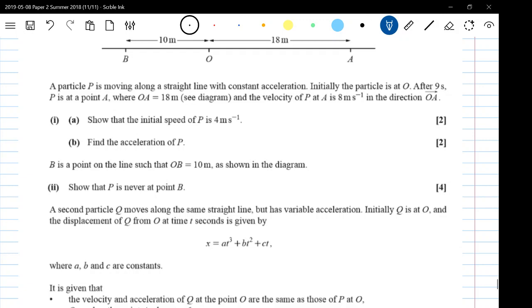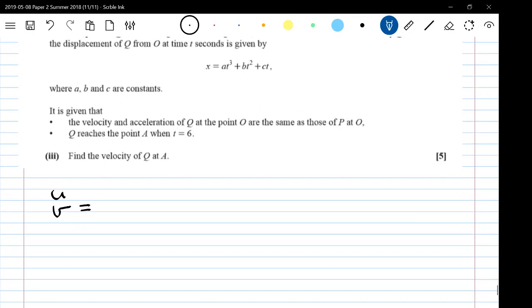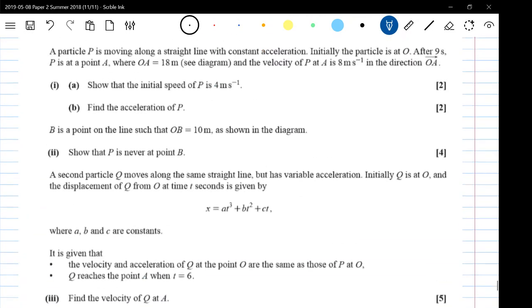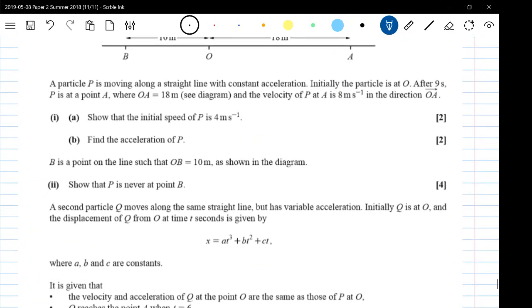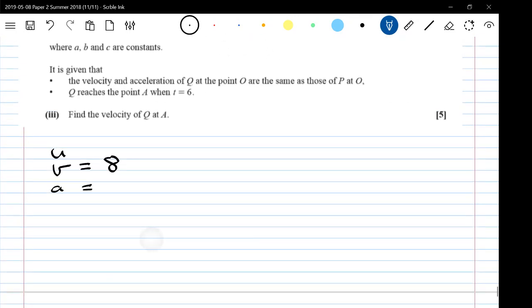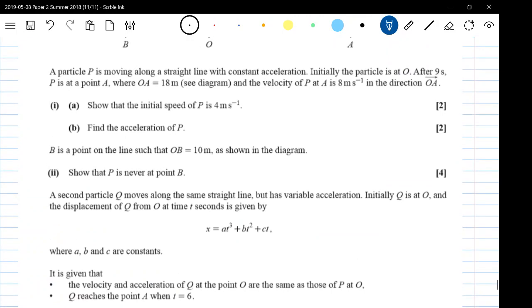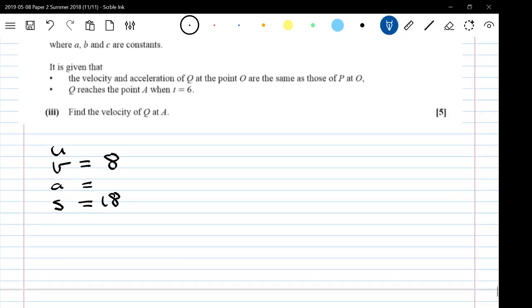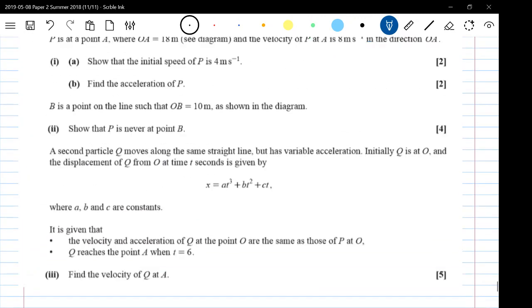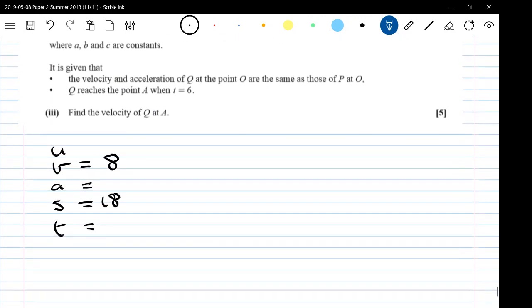The velocity of P is 8 in the direction OA. The acceleration, we're not given the acceleration, are we? We'll find that in a bit. We've got a distance of 18 meters, and a time of 9 seconds.